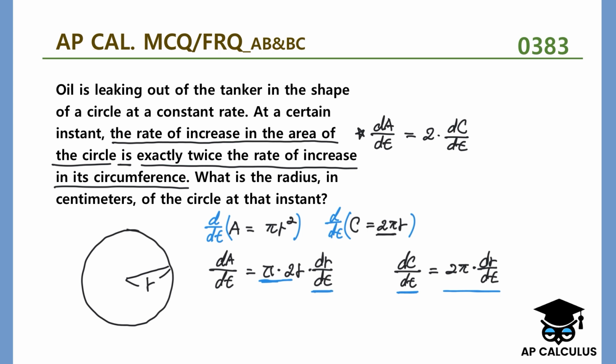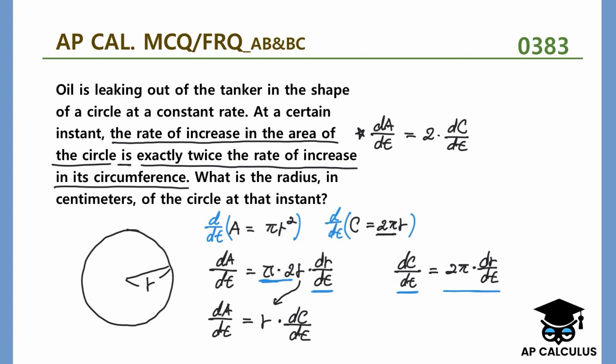So we're going to substitute dC over dt for 2 pi dr dt. So let's write dA over dt is equal to r times 2 pi dr dt, that's dC dt. So dC over dt. So far so good.